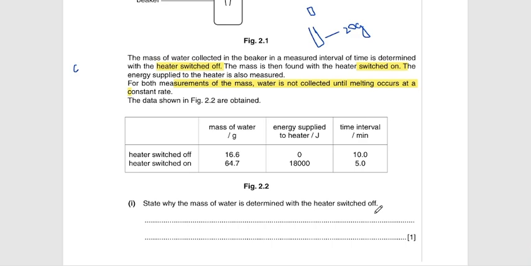So I want to measure my initial mass that is only because of the atmosphere, and then when I turn the heater on, I can subtract these values to know what my heater is melting.